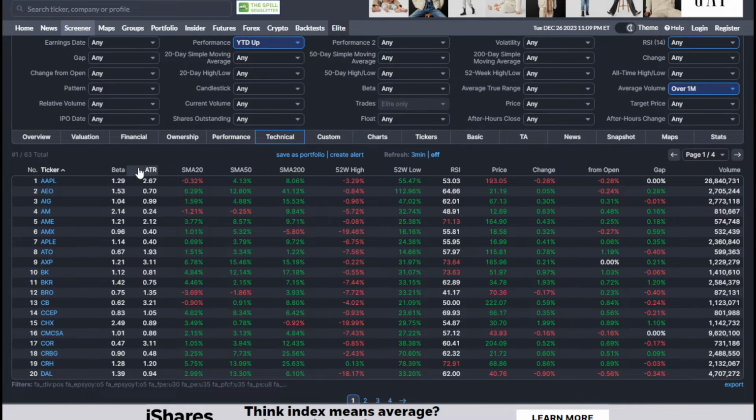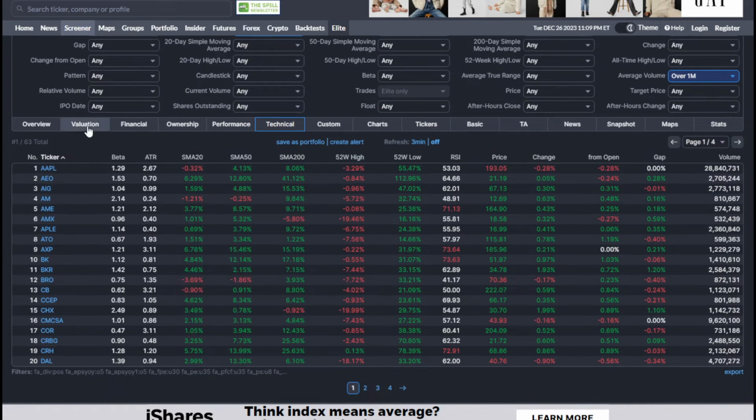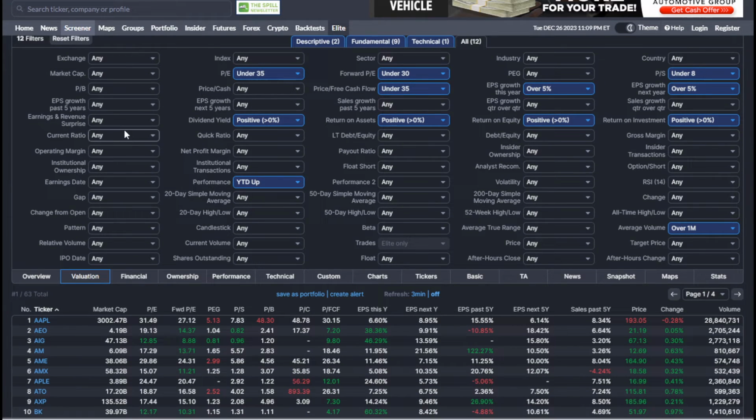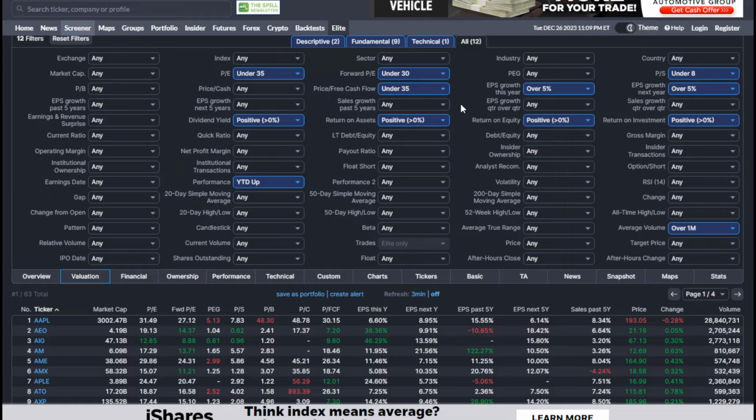Okay, let's go back to valuations and maybe let's click on some other things that we haven't picked out yet. Let's look here, the sales growth for the past 5 years.